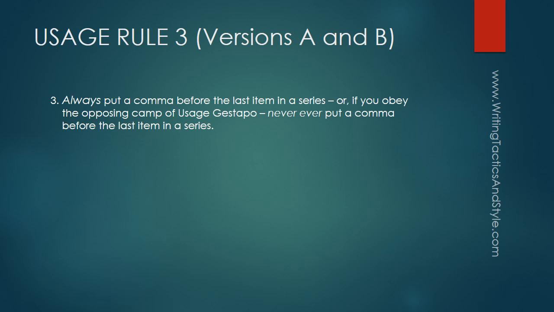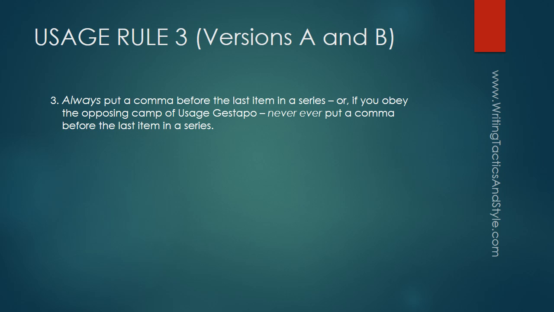So, usage rule 3, which has versions A and B, which conflict with each other. Always put a comma before the last item in a series, or, if you obey the opposing camp of usage Gestapo, never ever put a comma before the last item in a series.